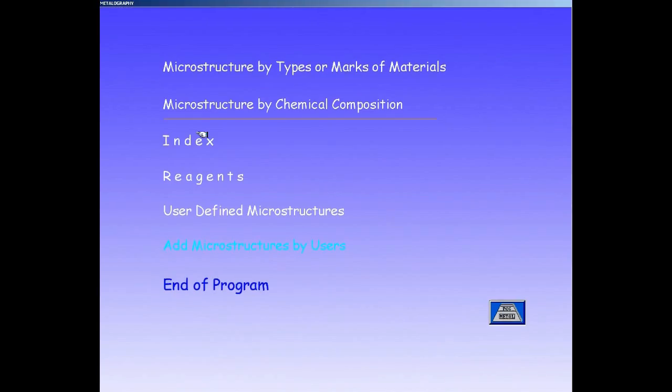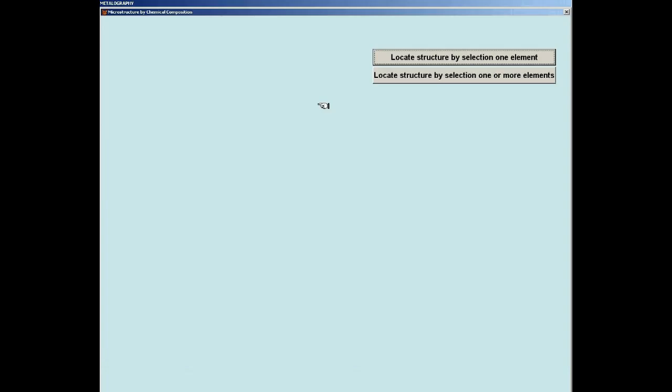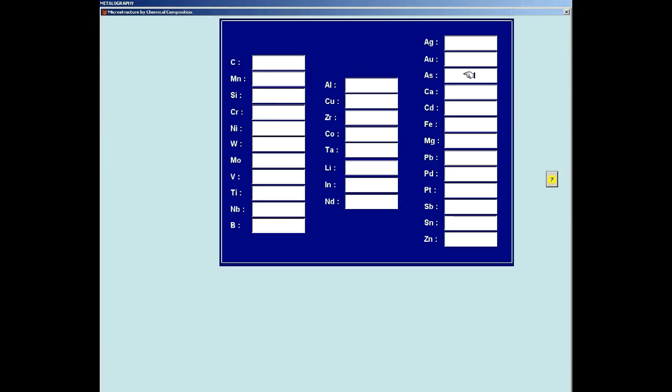Now we show how you can search for a microstructure when you know the chemical composition of the material. Activate the item microstructure by chemical composition. Subsequently, you need to choose by how many elements we shall search. Choose the item and locate the structure by selecting 1 or more elements. Here you see a table in which the contents of elements are assigned.